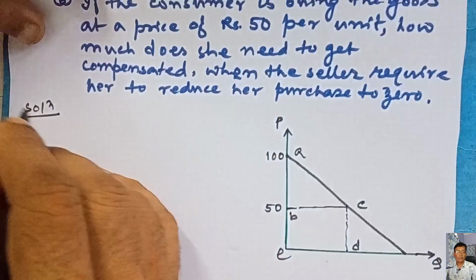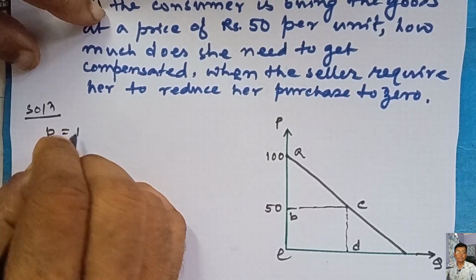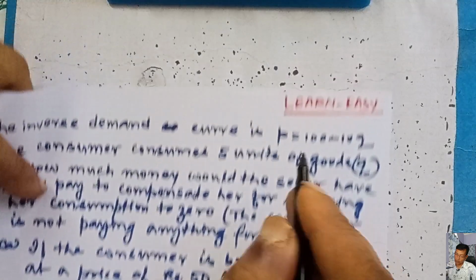Here the inverse demand curve is P is equal to 100 minus 10Q.